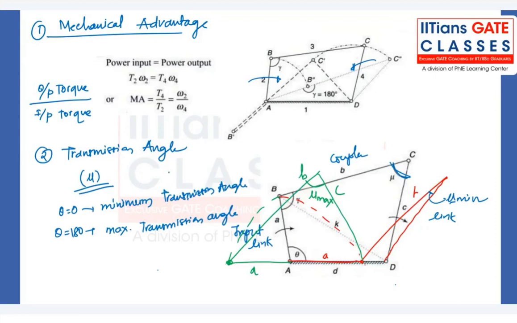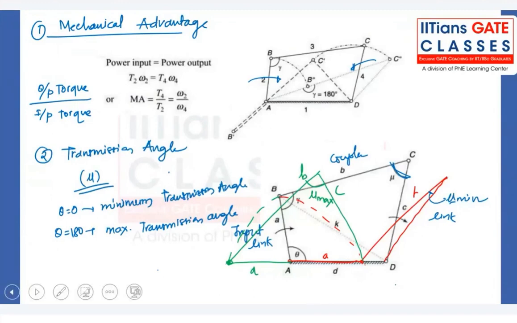Theta is the angle between the ground link and the input link. By using mathematical equations we can find it. So this is the theoretical background behind it. That's all we have for the 4-bar chain mechanism.